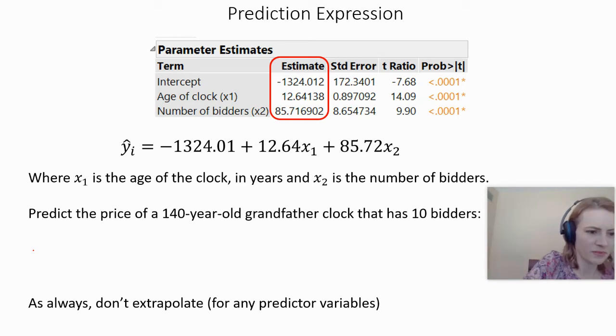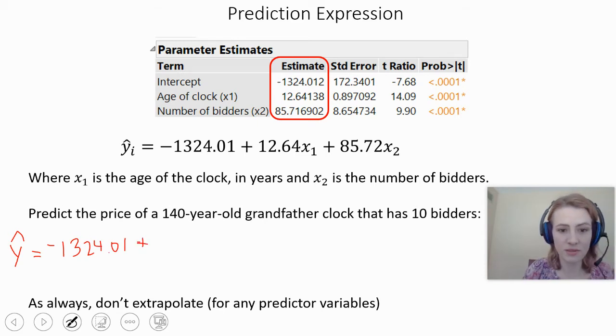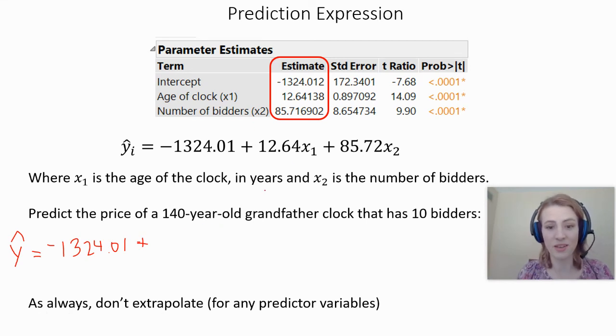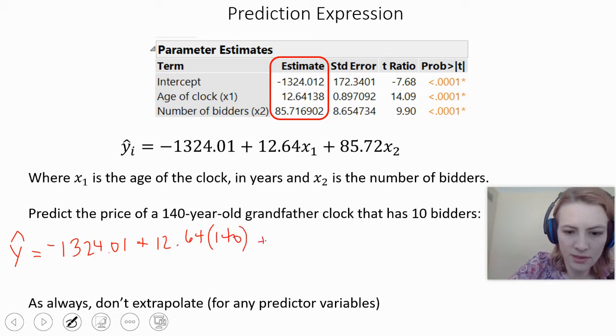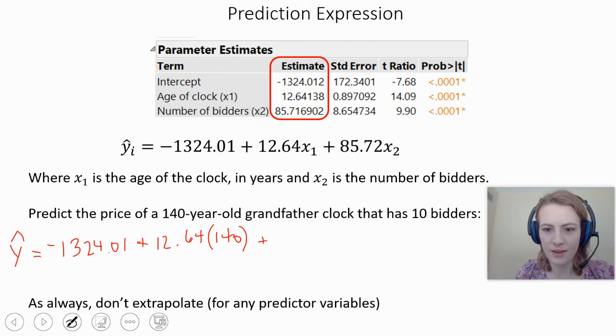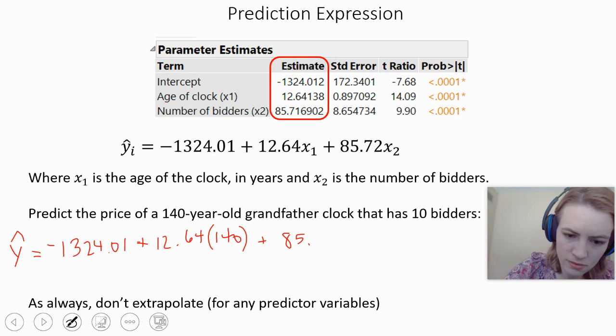Get my stylus here. So that predicted price would be the intercept plus B1 times 140, because 140 is age and X1 is age. Plus our next estimate, B2, was 85.72 times the number of bidders, because that's X2.